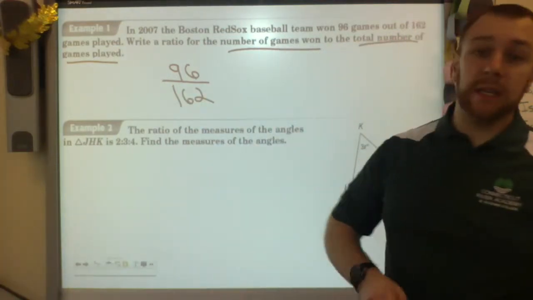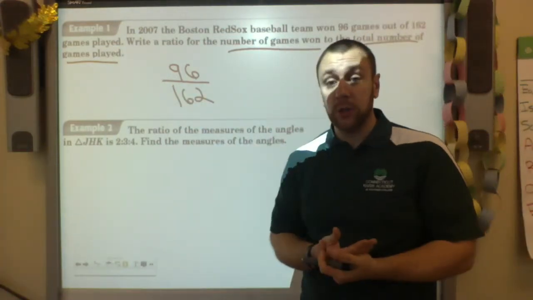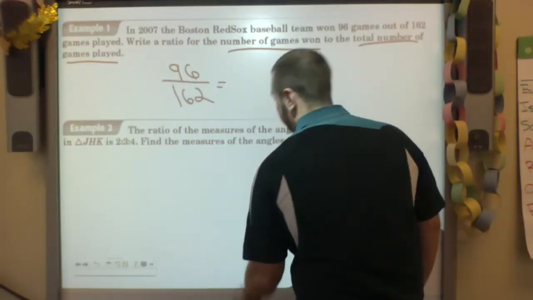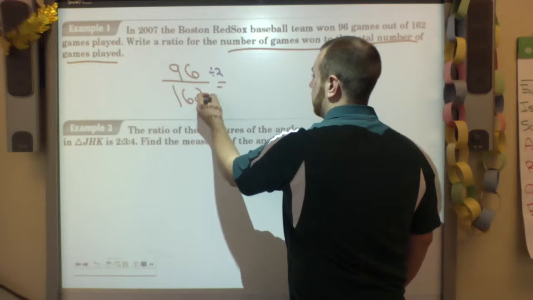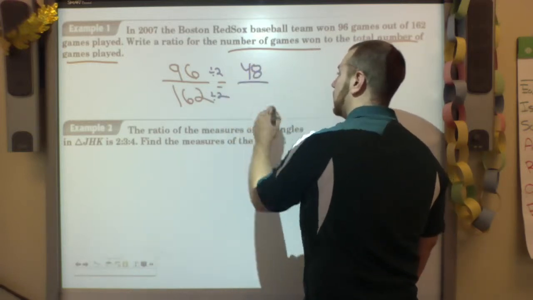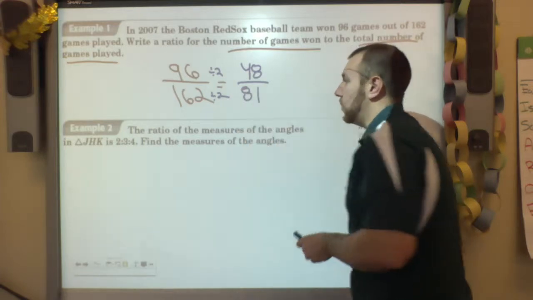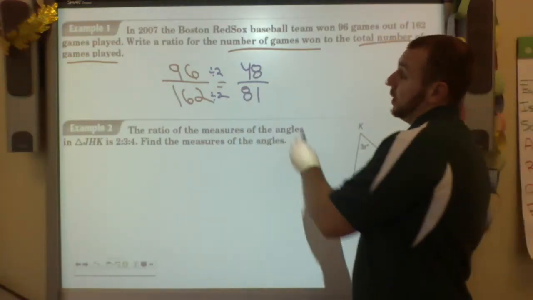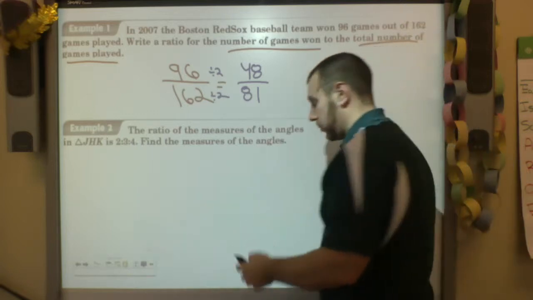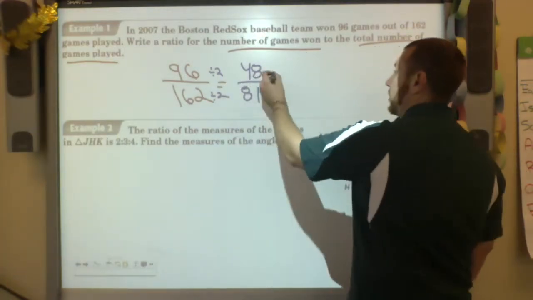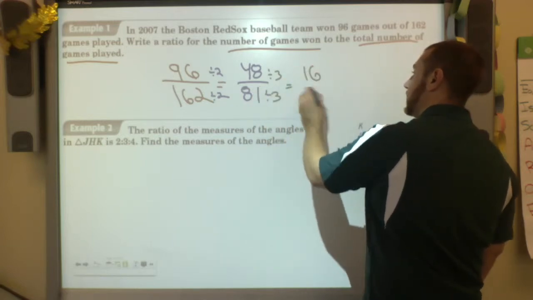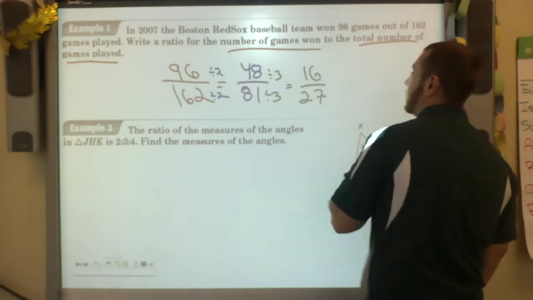But the trick with this is you've got to reduce it. So the first thing I'm going to do is divide by 2, so I get 48 over 81. I also know that both of those are divisible by 3, so now I'm going to divide by 3 and I'm going to get 16 over 27.